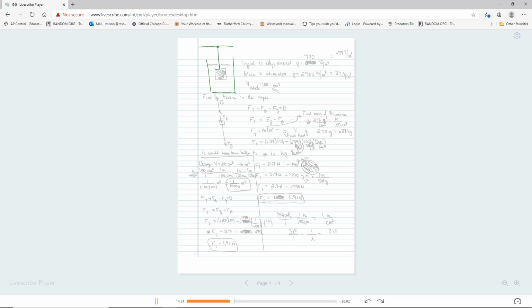Okay, so we want to find what is the tension in the string, and I'm going to draw the picture for you. So, new page. Another buoyant force problem. Okay, so we have a picture that looks like this.